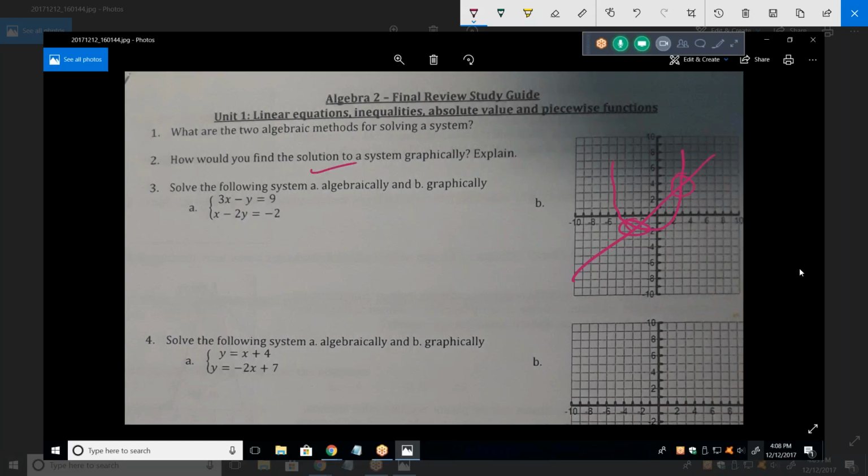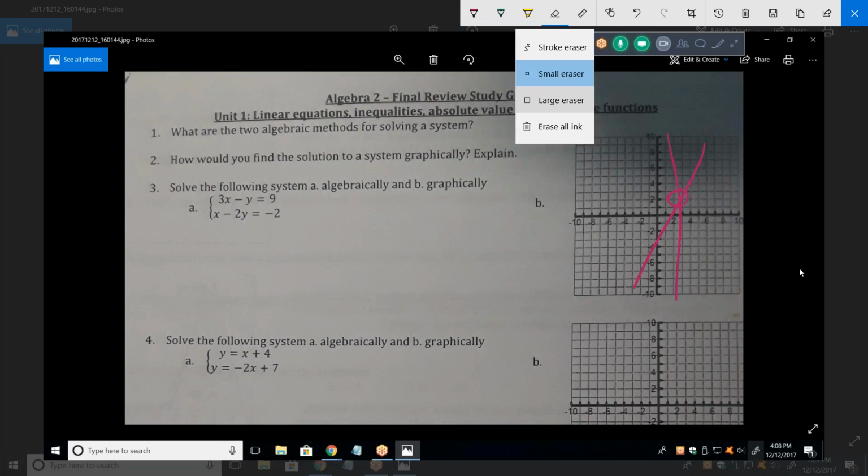If you used a straight edge, it's hard to draw a perfect parabola. If I just had two straight lines, not so hard. Then you just use a straight edge and you can figure out where they cross. Okay? Graphing is not the best way to do it for obvious reasons. It's hard to see the answer exactly.